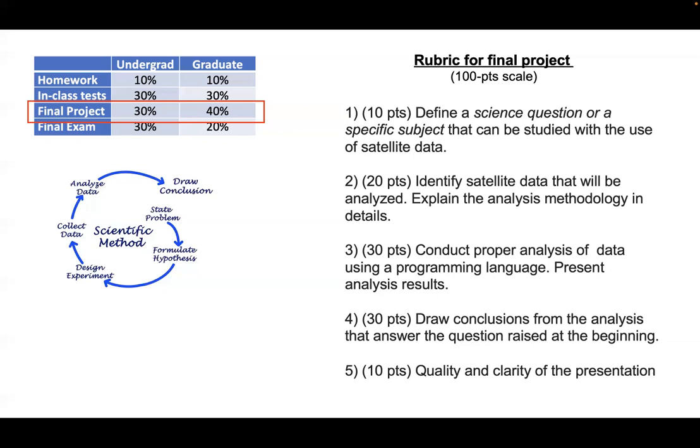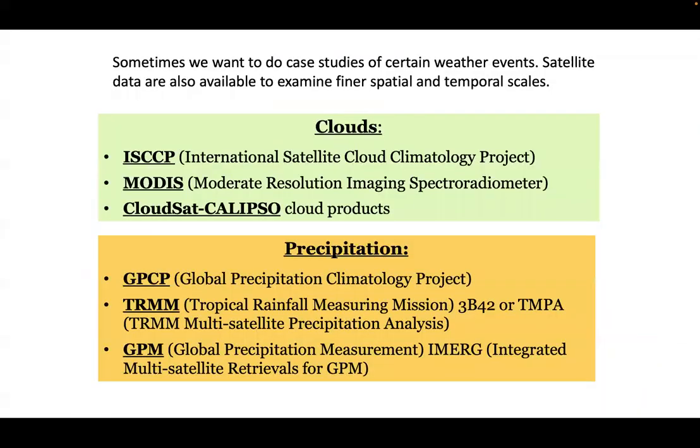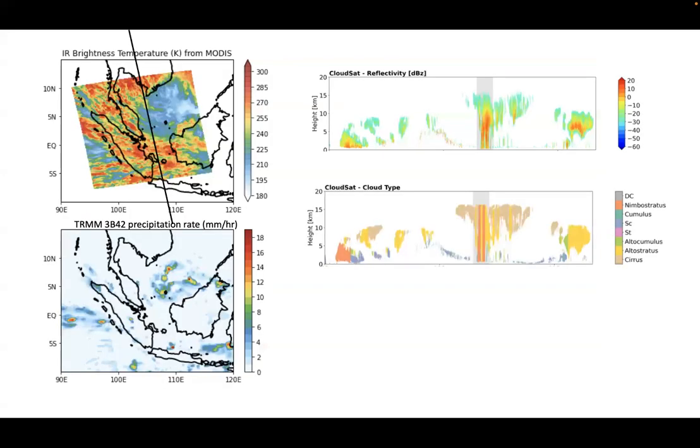So far, I've introduced to you ISCCP and GPCP, and TRMM a little bit. In next lab, Wednesday's lab, which is going to be online on Zoom again, I'm going to introduce you 2 more data sets, because TRMM I've already introduced.